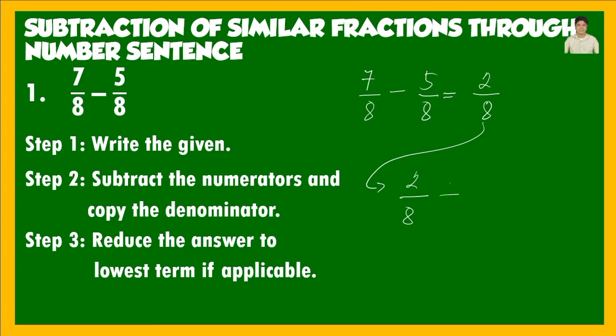So, we'll divide both numerator and denominator by 2. Now, 2 divided by 2 is 1. Over 8 divided by 2, we have 4. Therefore, our answer is 1/4. So, 7 over 8 minus 5 over 8 is equal to 1/4.